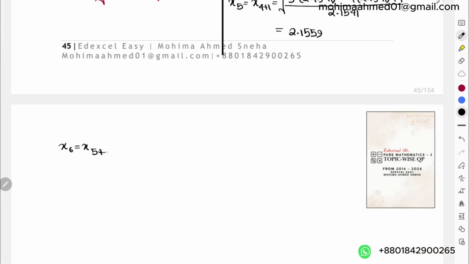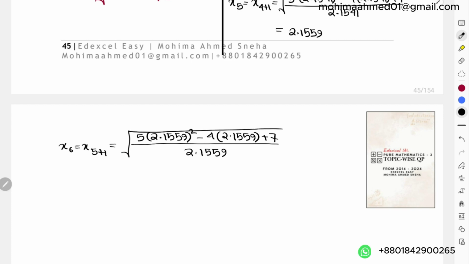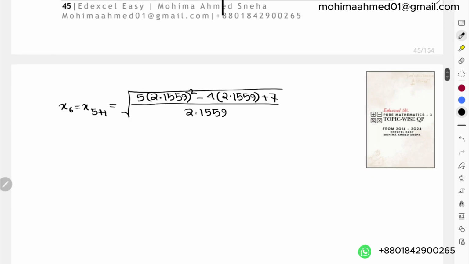X6 is from x5: 5 times 2.1559 whole squared minus 4 times 2.1559 plus 7, divided by 2.1559, under the root. From there you get 2.1563.